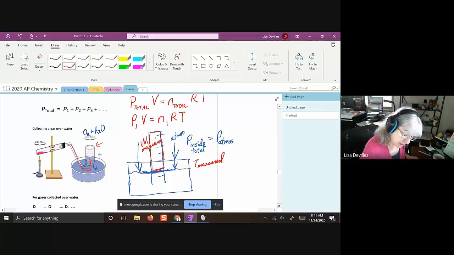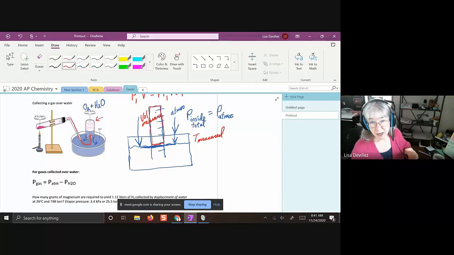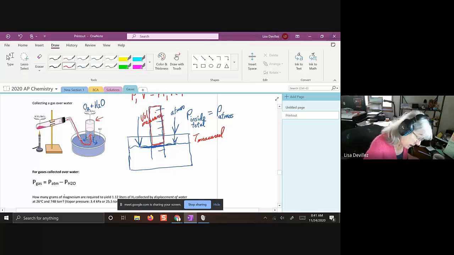Now, the key thing is that I'm only interested in the gas that I was generating. So in this example, I really only care about the oxygen, but the pressure that I'm measuring is the oxygen and the water. If I'm collecting a gas over water, the pressure that I measure is the water and the oxygen.